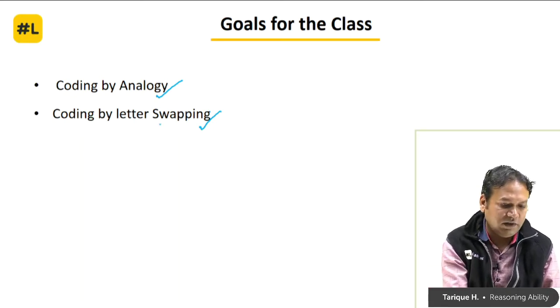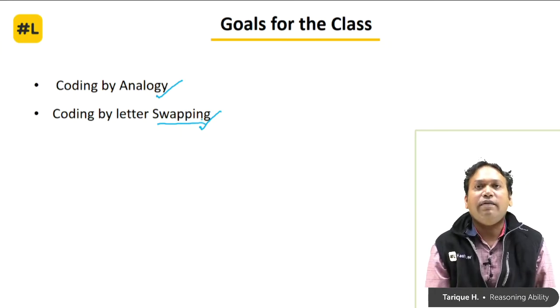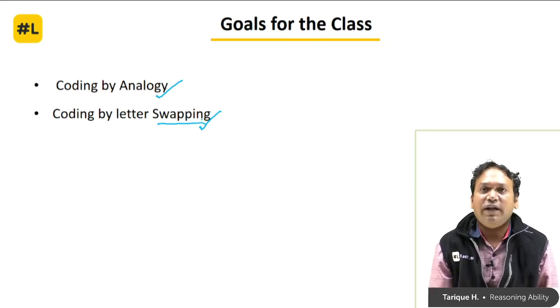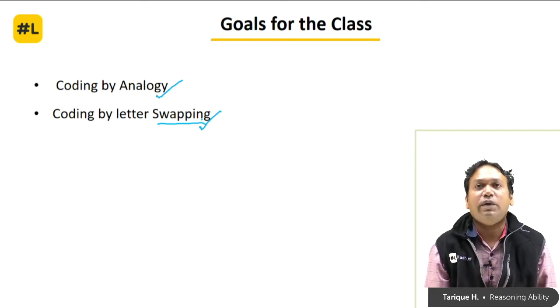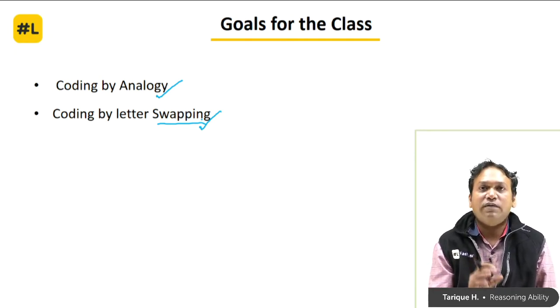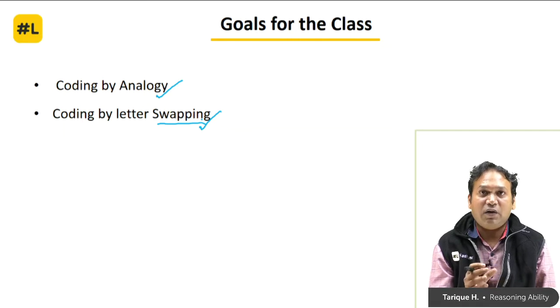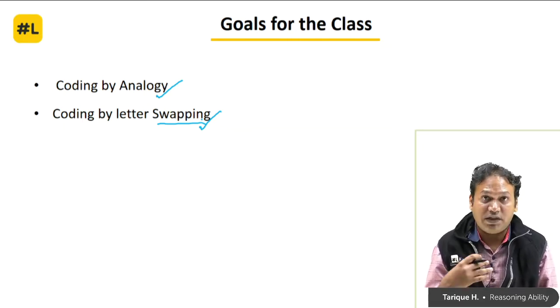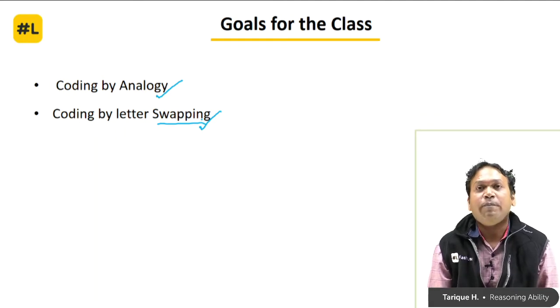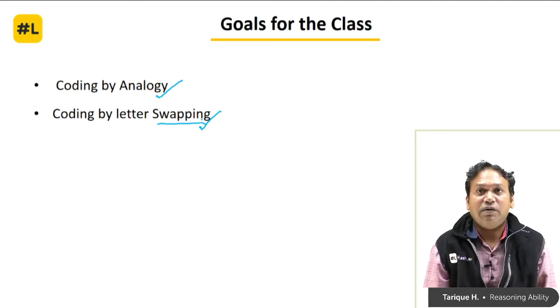I will first start with the concept of swapping and then we will see the method of analogy and how we can make simple as well as complex questions from this topic. Observing the questions will help you understand the complexity and how those who set question papers think, and that will give you an insight into the kind of questions that come in the exam, right.